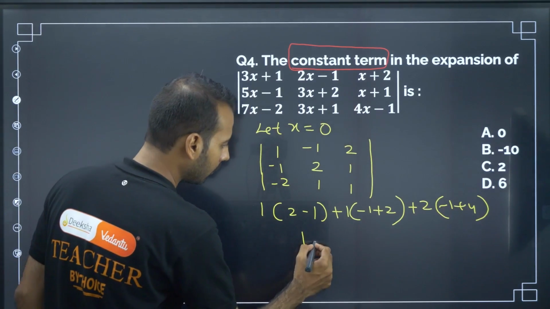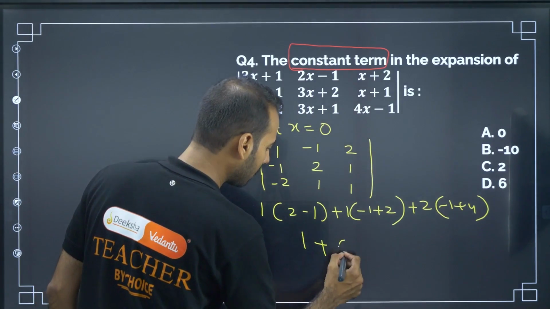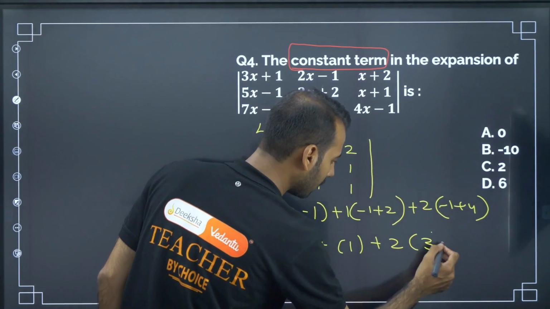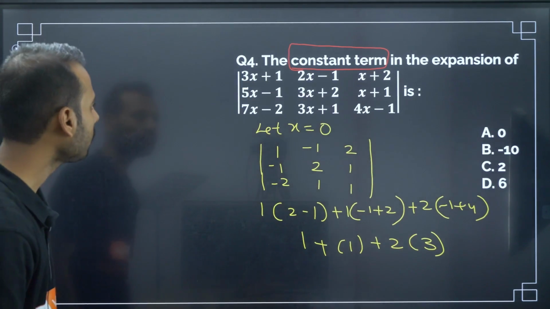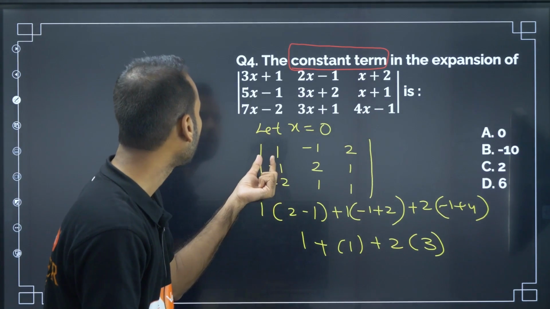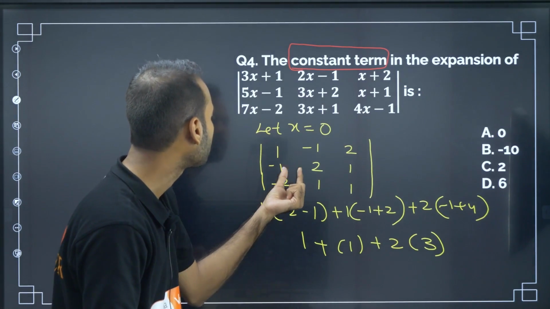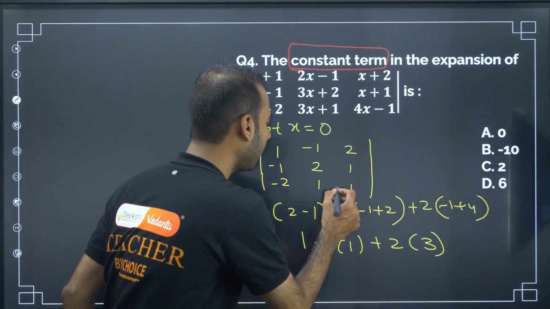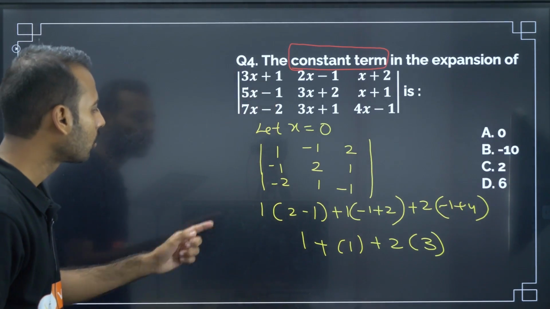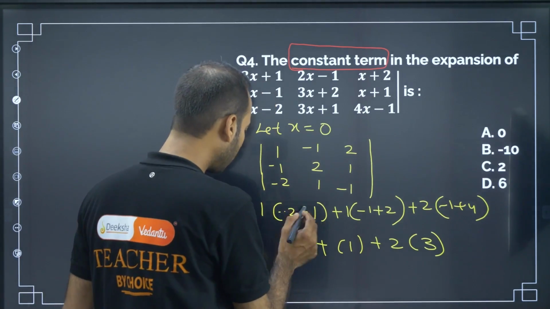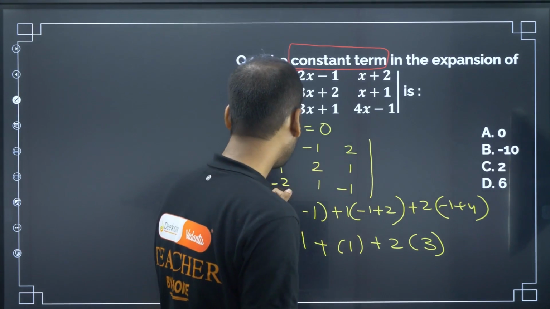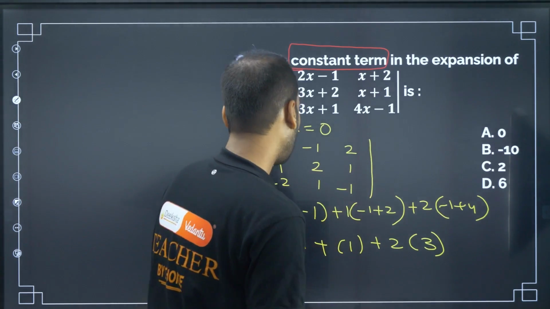So here 2 minus 1 is 1 plus 2, 4 minus 1 is 3. Now if I observe here it is 1 minus 1 minus 2 minus 1 2 1 2 1 2 1 and here it is minus 1. So minus 2 minus 1 and then here minus plus 1 1 minus 2.